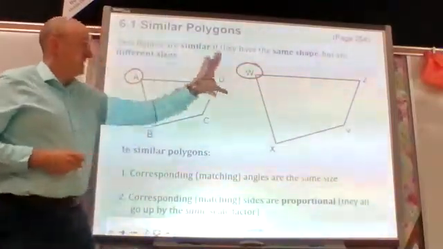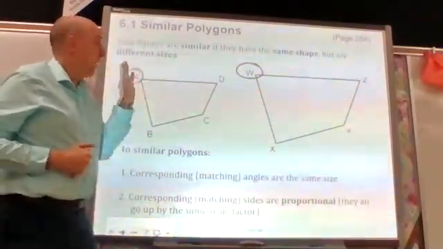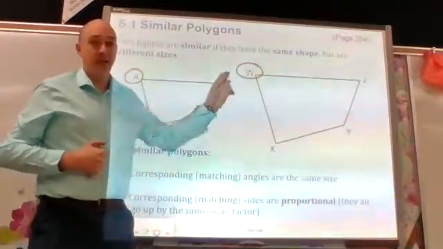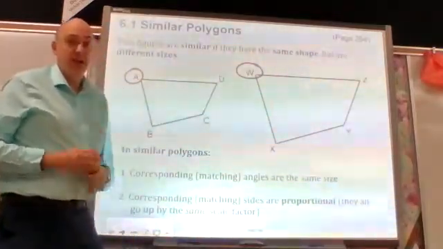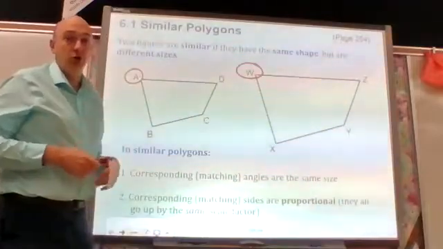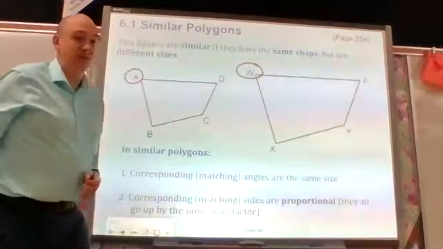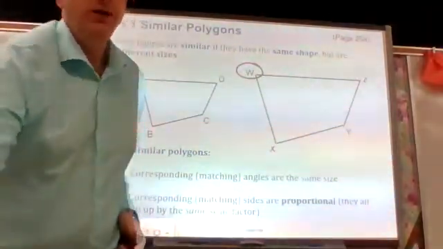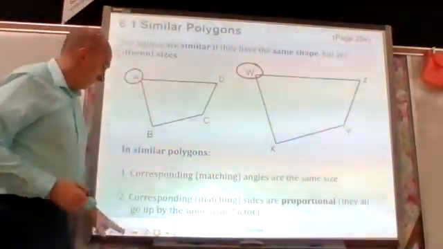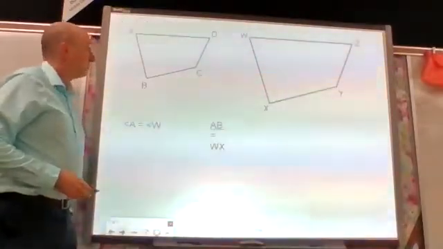So all the angles have to be exactly the same size, and all the sides, when you compare the matching sides together, have to be in the same ratio, or we might say proportion, or you might say they have the same scale factor, which could be 2 to 1, or it could be some other scale factor.